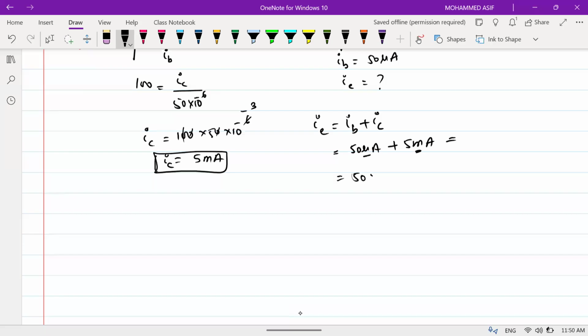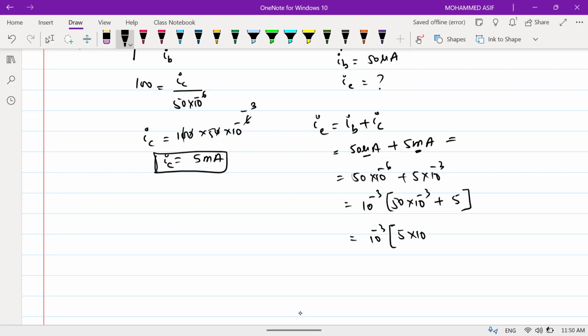This is 50 into 10 power minus 6 plus this is 5 into 10 power minus 3. Taking 10 power minus 3 common, this will be 50 into 10 power minus 3 plus 5. So this will still be 10 power minus 3. 50 into 10 power minus 2, that is 5 into 10 power minus 2 plus 5.